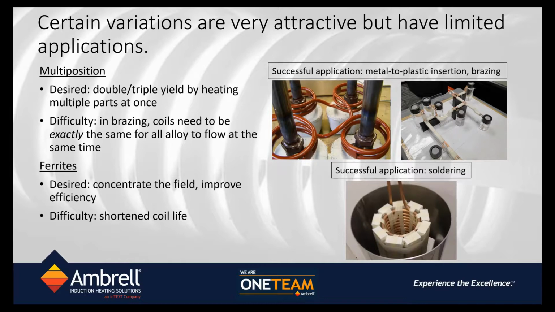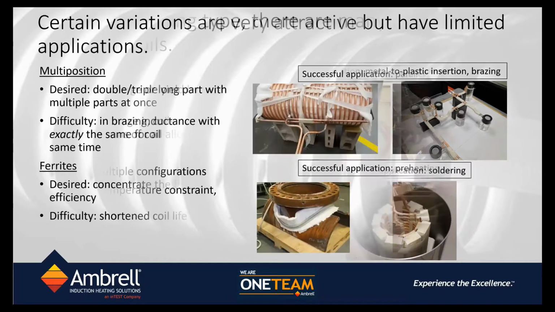So in this picture on the bottom right, the ferrites are on the outside of the coil, and the part that is on the outside, even though it's metal, doesn't heat because the magnetic field all travels through the ferrites. This shields the steel part on the outside, but allows one to heat parts on the ID of the part.